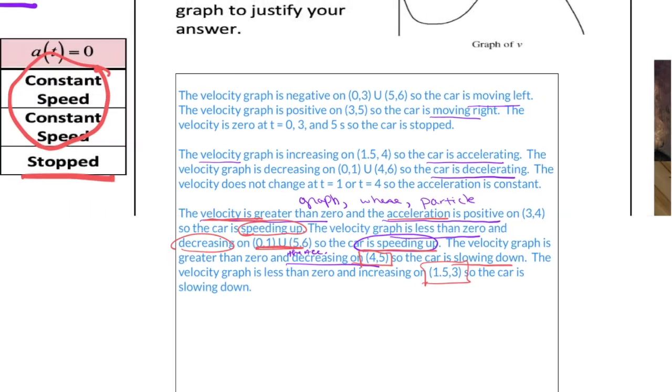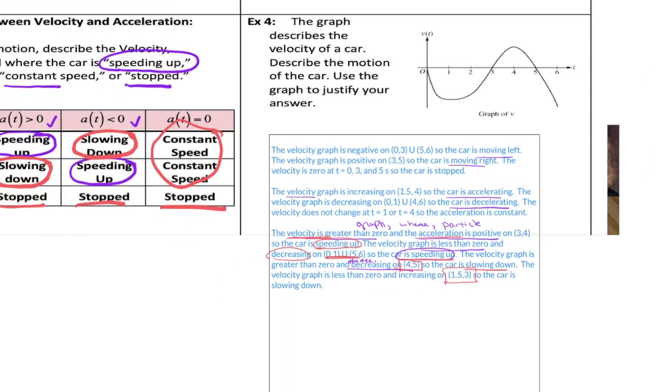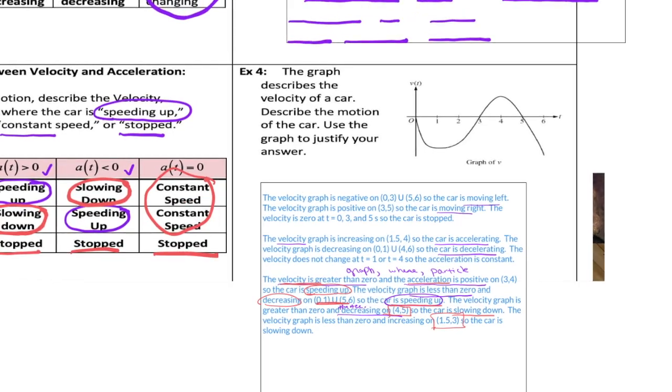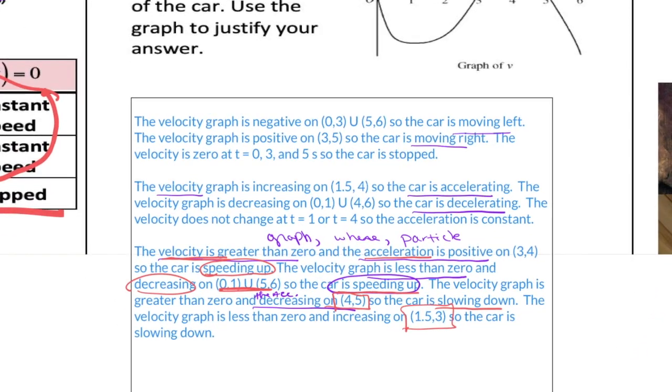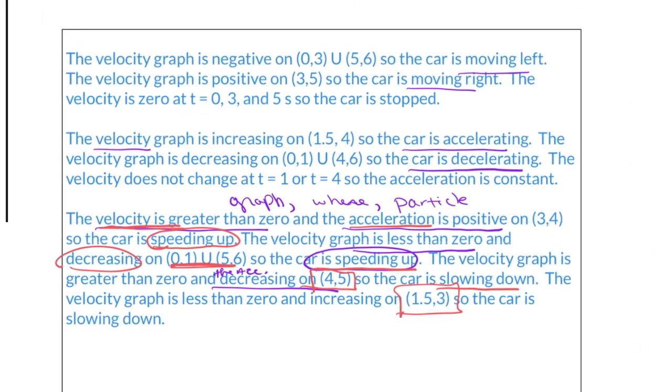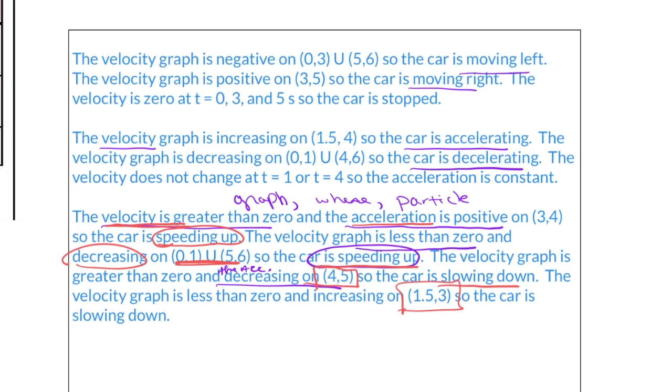So there are 3 components that you want to discuss when talking about particle motion. You want to talk about the position of your car, whether it's moving right or left, whether your car is accelerating or decelerating, and as well, whether the car is speeding up or slowing down. Please include when the car has stopped as well.